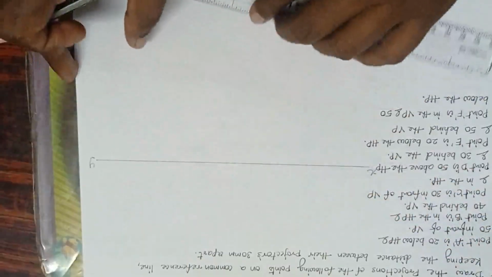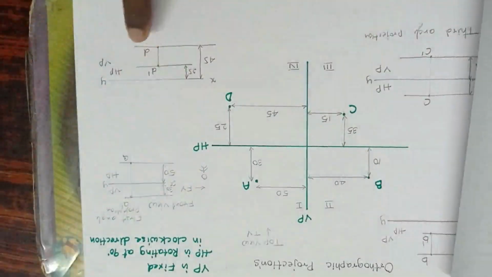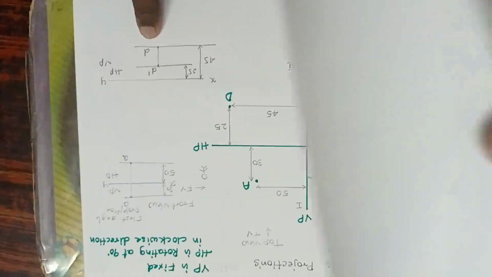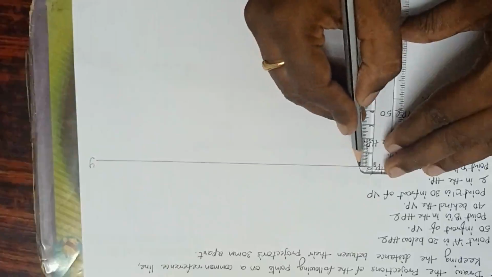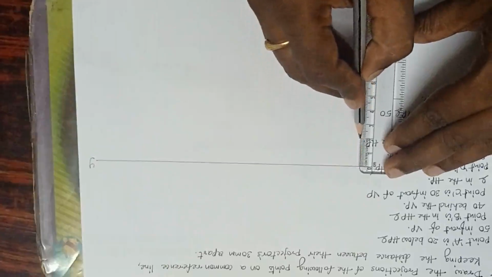So, in the 4th quadrant, both the points are below the reference line. So, I have to draw both below. Right? That is fixed. So, 20 below the HP, I will check here 20 mm. See, 2 centimeters means 20 mm. I am drawing like this.